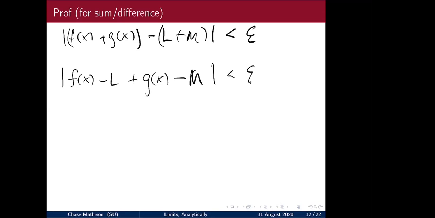Okay, and now I'm going to use the triangle inequality. If you don't know the triangle inequality, that's fine. Does anybody know the triangle inequality?